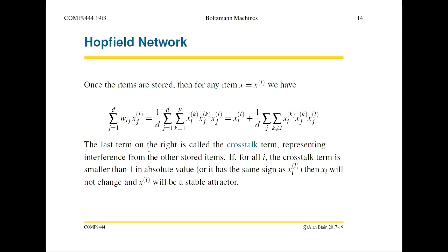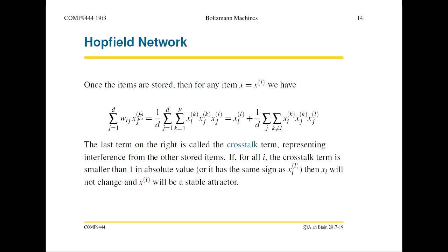And if you plug in the value for w_ij, you get this double summation, and then you can rearrange it into this. So this term is the one that you want. This is what we calculate, and depending on whether this is positive or negative, it'll tell us whether the next value of x_i is +1 or -1.